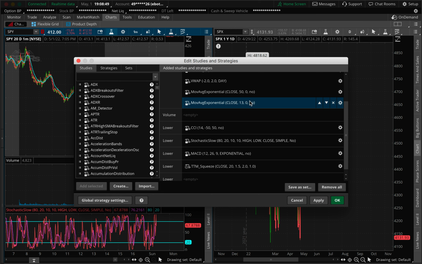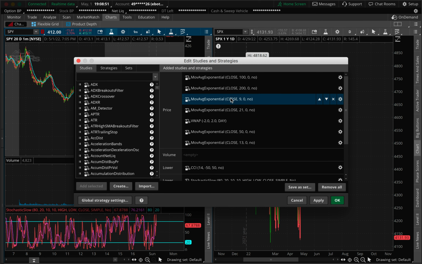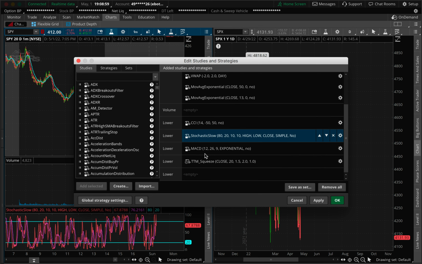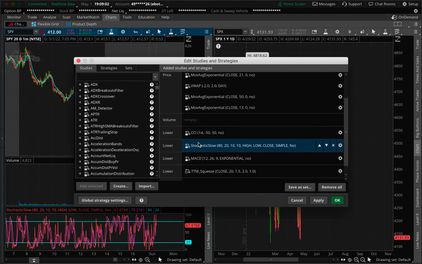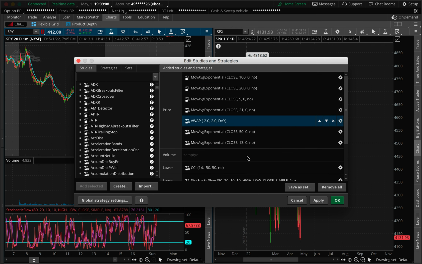So these are the indicators you want to add. The first one is the 9 EMA, the 9 exponential moving average. Then the 21 exponential moving average. And then you're going to have the stochastic slow on your chart right here. Don't add any other indicators, kind of ignore these.